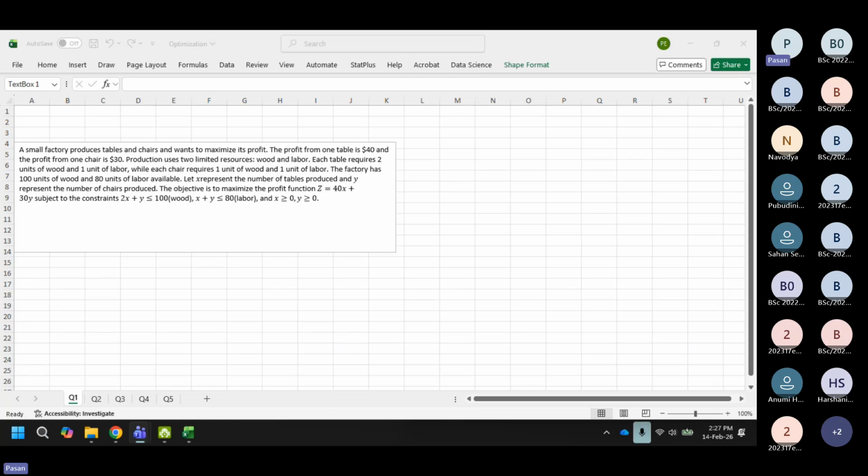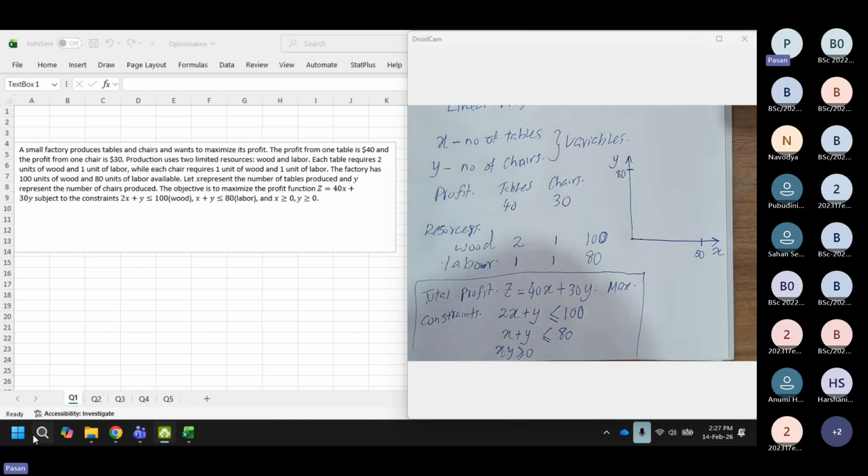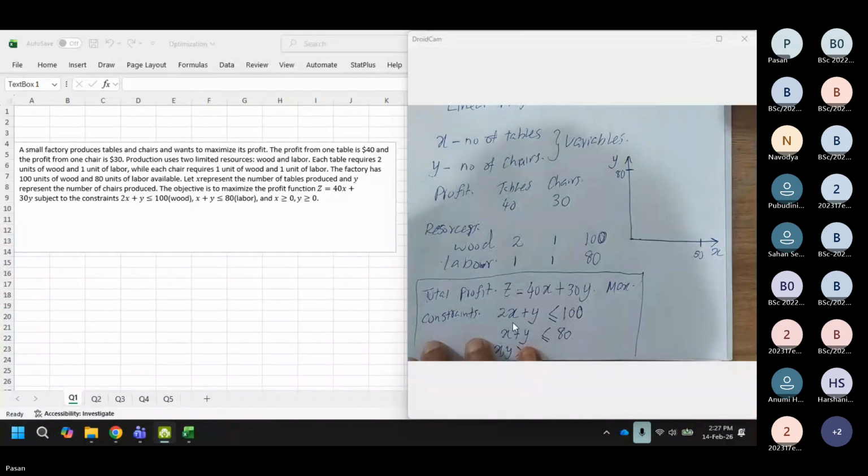Okay, right. So now, if you look at these two constraints in two dimensions, these two are representing two lines if you take the equal sign, of course, and the less than sign is indicating some area. So let's try to identify this area.